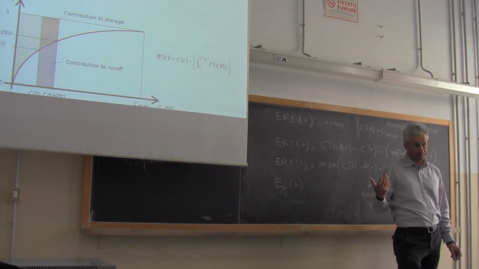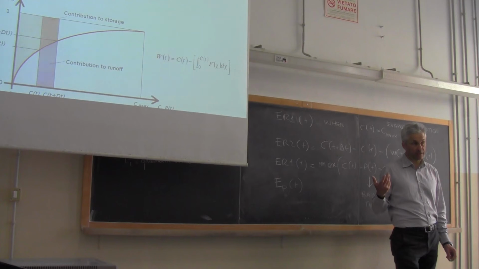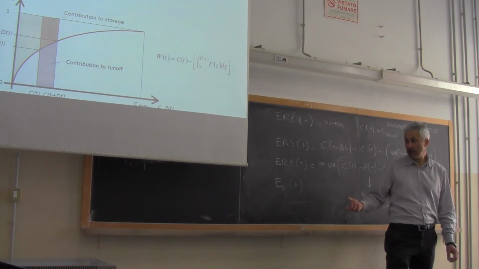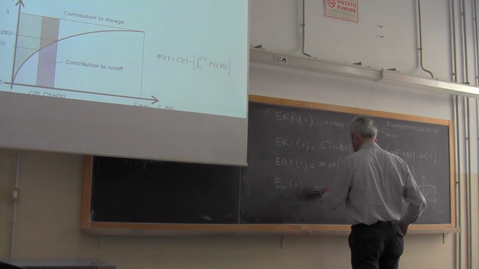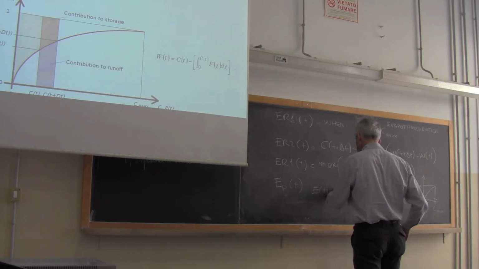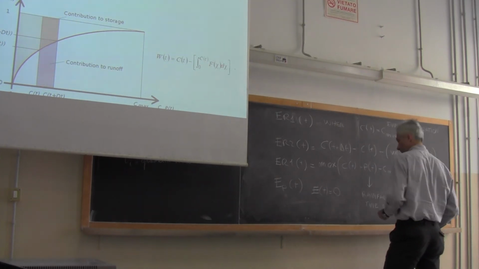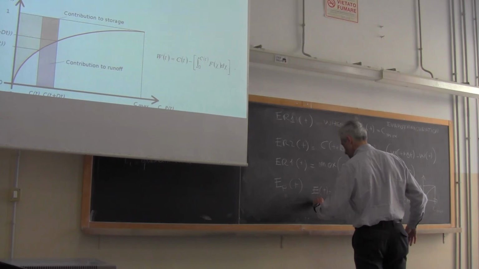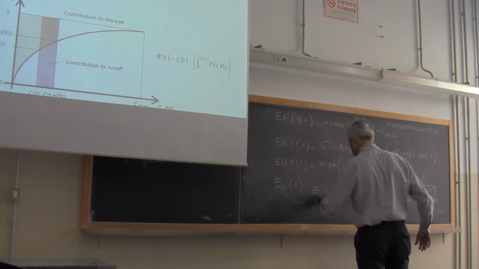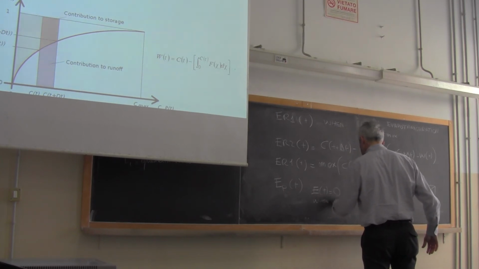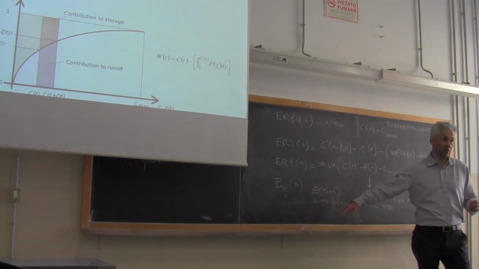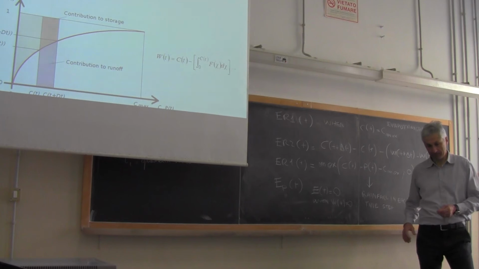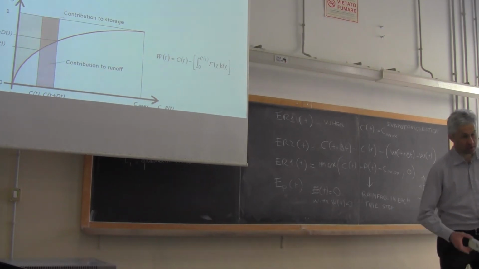In a model, a usual assumption is that actual evapotranspiration ET is equal to 0 when WT is equal to 0. So if you don't have any storage in your catchment, actual evapotranspiration is 0. Okay, good. This is quite easy to understand.